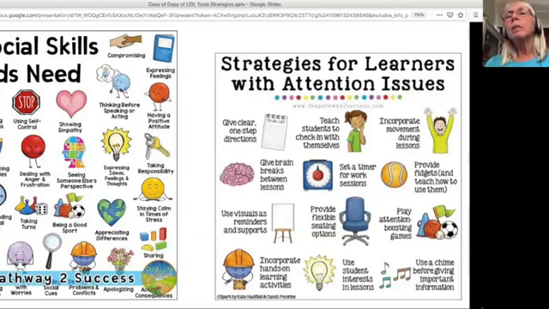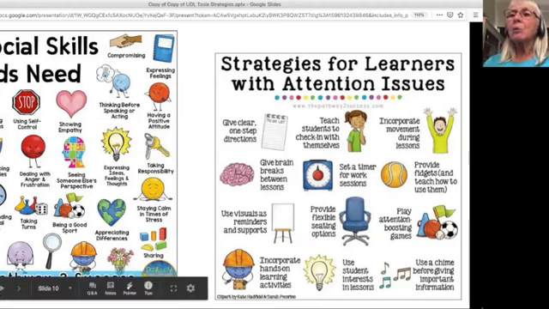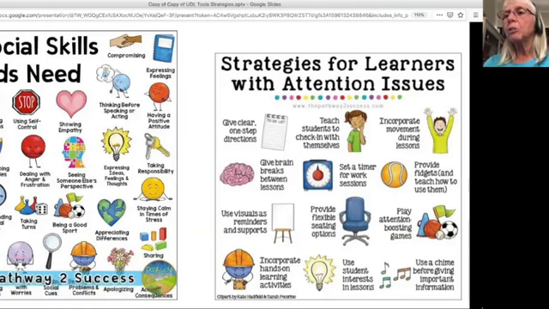And then of course, my student teachers are always asking me for help. What do I do with this student who has attention issues? And we provide the help that we can, but this is a nice little graphic to just remind us of some of the things we could be doing with those students. And it does not matter their age.